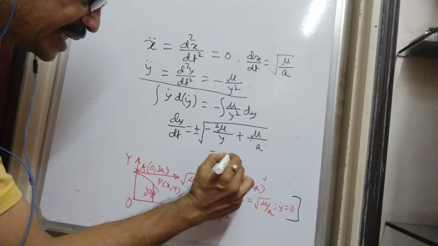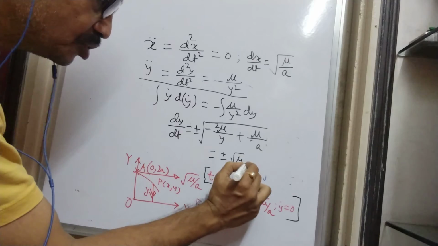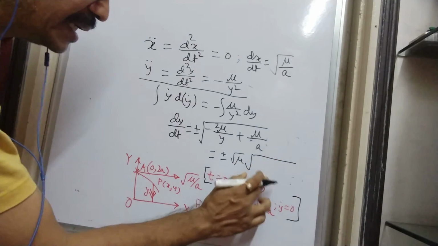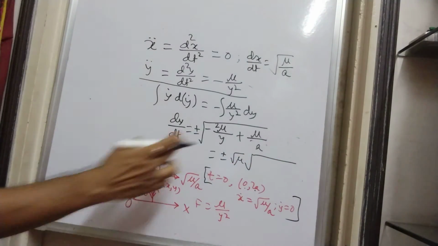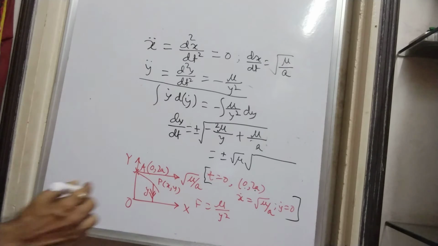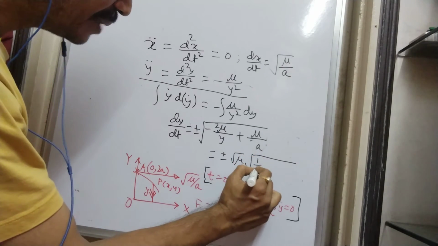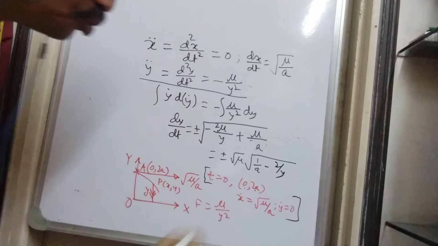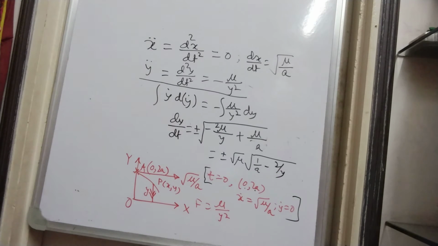There is a plus minus sign, we can take this root mu separate, and then since mu is common, we are extracting it out, and it becomes 1 by a minus 2 by y. Okay, it is becoming 1 by a minus 2 by y. I hope it is clear up to this point.